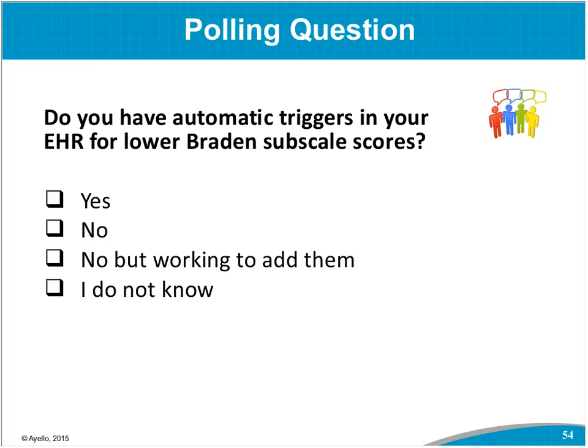And there is evidence out in the literature. There are some articles that were published a couple of years ago in the JWOCN journal that adding automatic triggers, for instance, if you automatically have a low score in activity or mobility, it automatically triggers a consult.